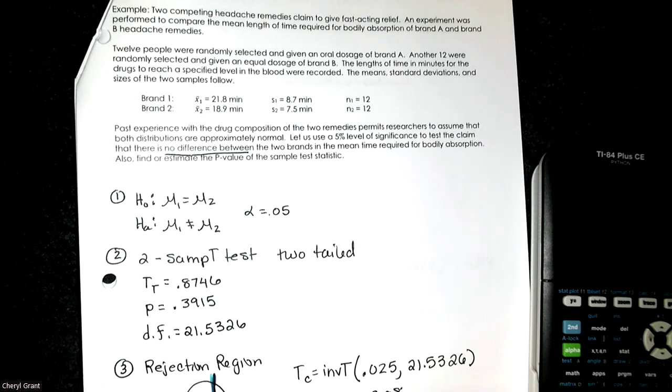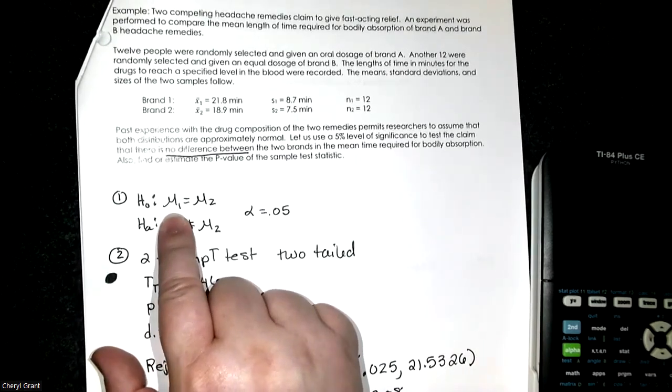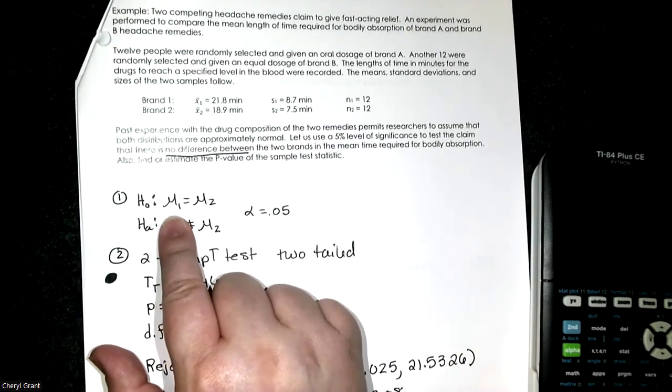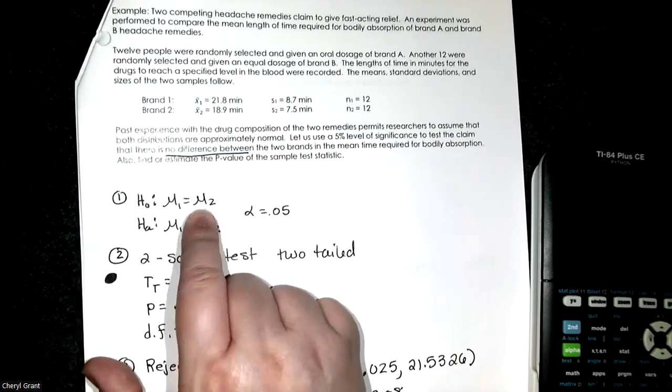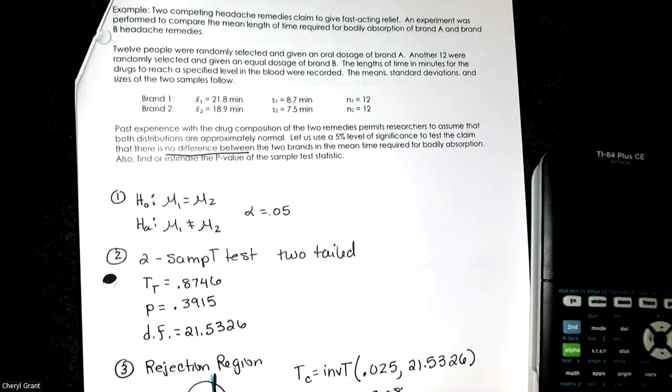So because we are setting this up with two samples, when you write your hypotheses, the null hypothesis, when you're dealing with means and two samples, is always going to be mu1 is equal to mu2. We're making the assumption when we start that the means are the same, all the time.